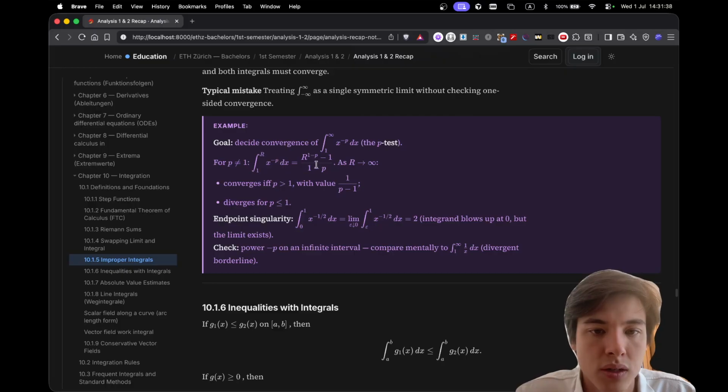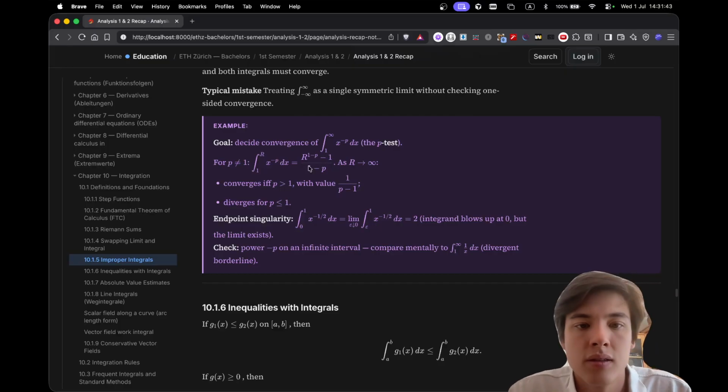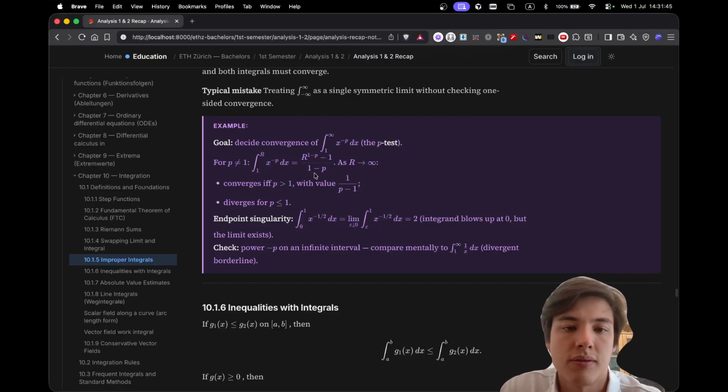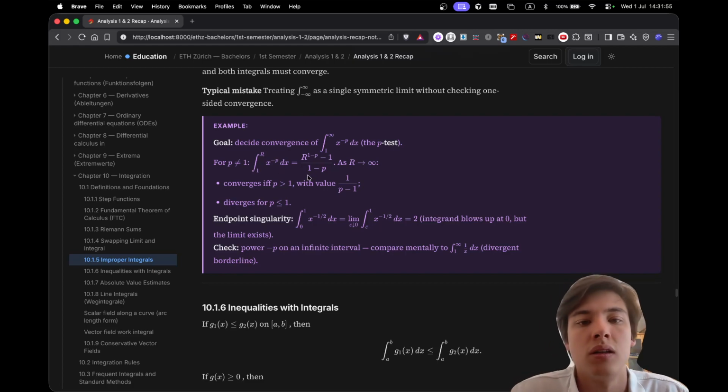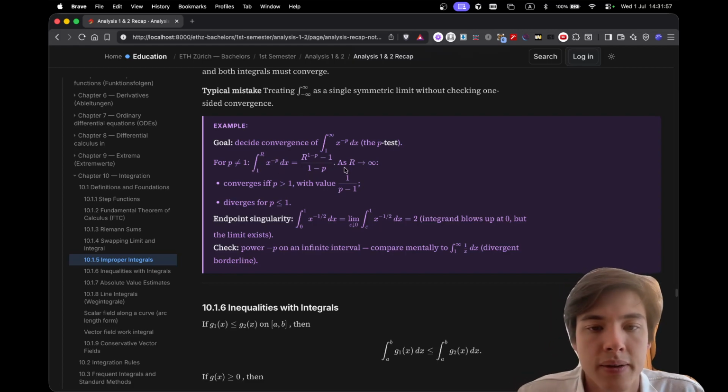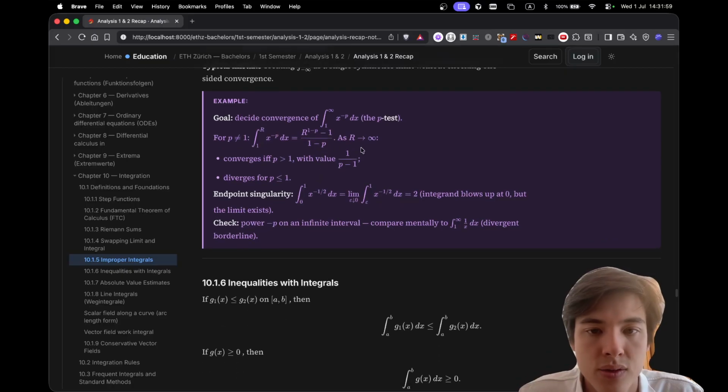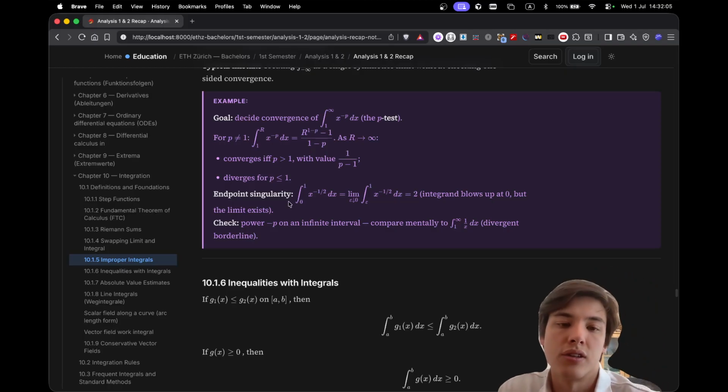P minus 1, we integrate, so 1 plus this, and then divided by that. And then from 1 to r, so we plug that in as well, r minus 1. As this reaches infinity, we can check when it converges and diverges.